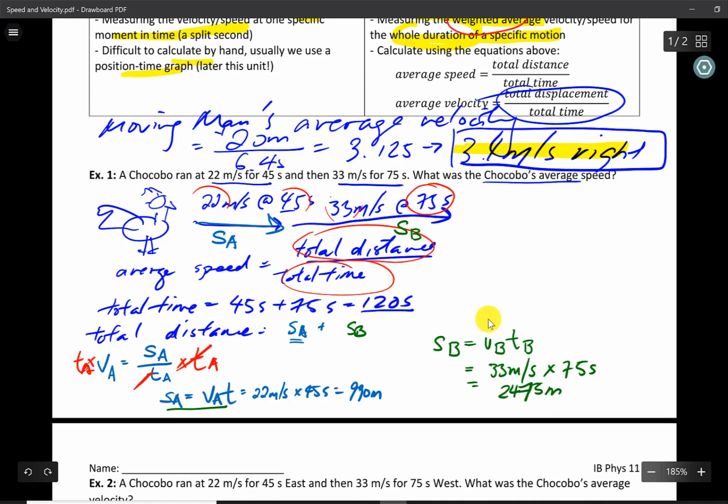So if we now have the two displacements here, we now can calculate average speed.